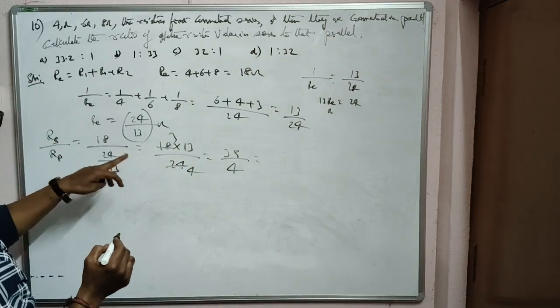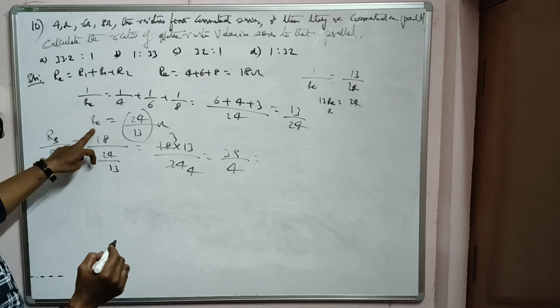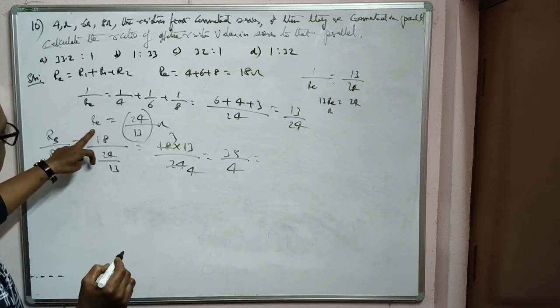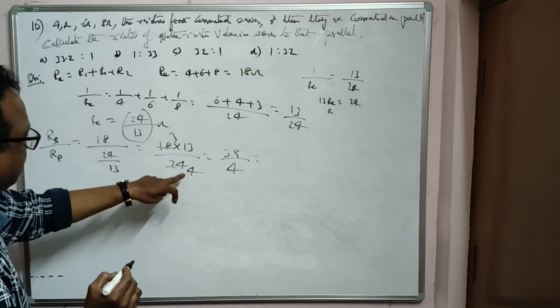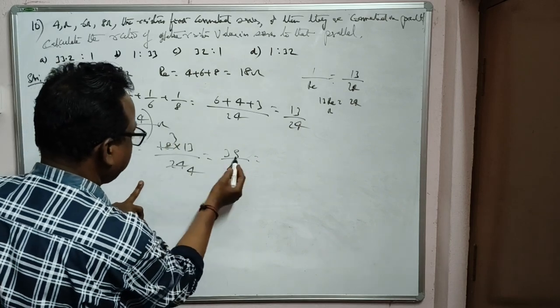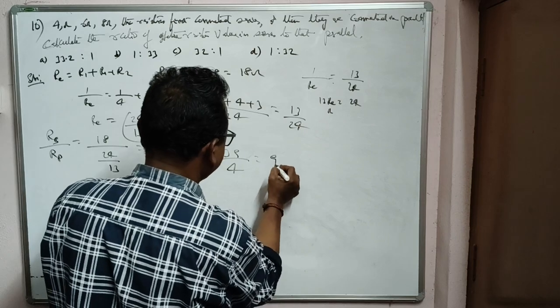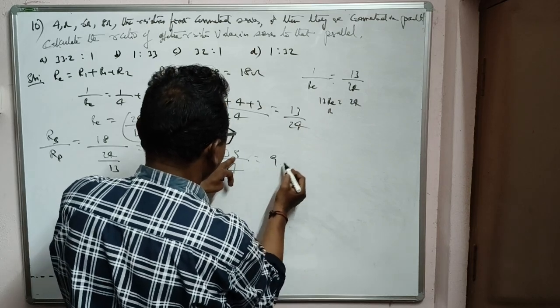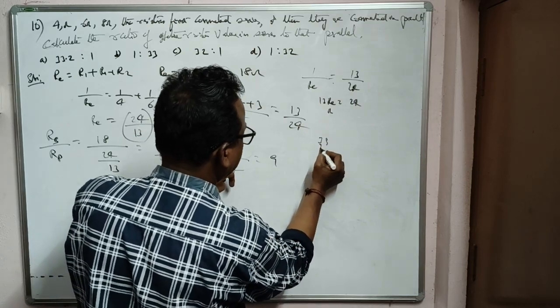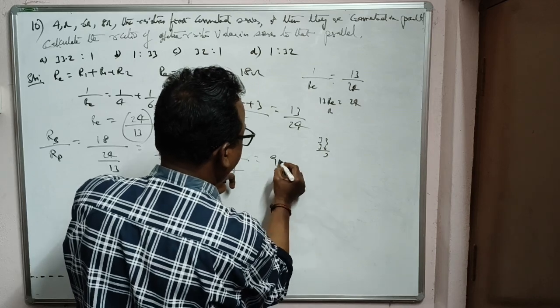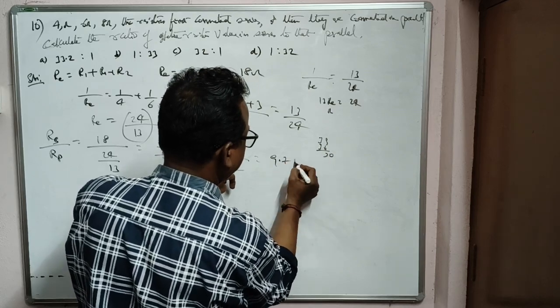So, series to parallel means 18 by 24 by 13. That means 18 into 13 by 6 3, 6 4, so 13 is 39 by 4. 4 8s are 4 9s are 36. How much is left out? 3 is left out. 36 3. 0.47s are 24. See, 9.